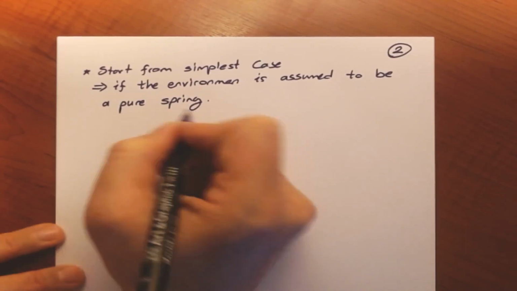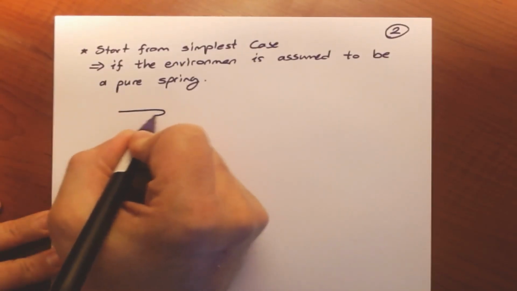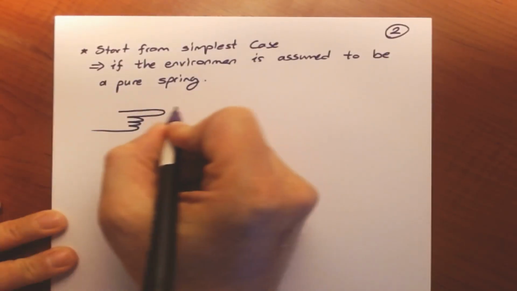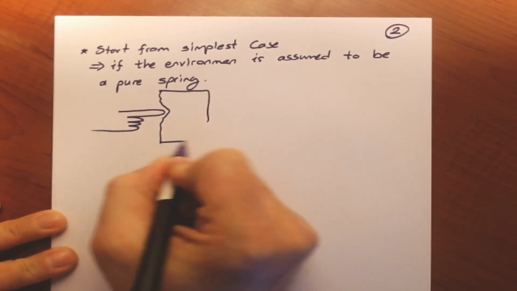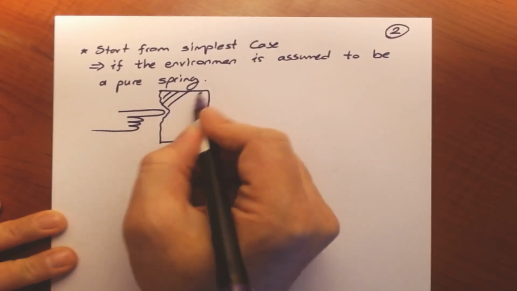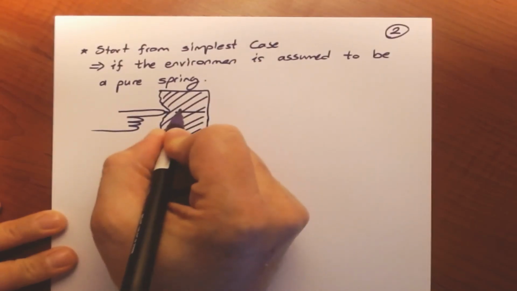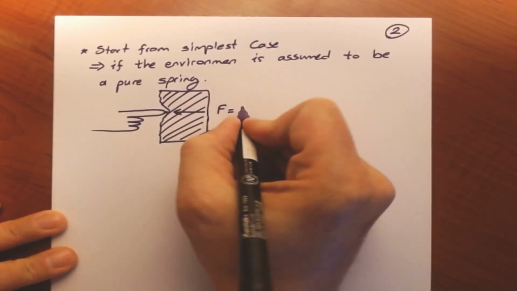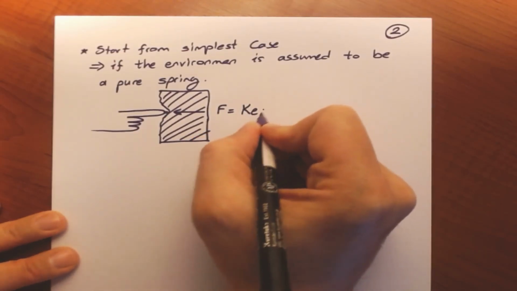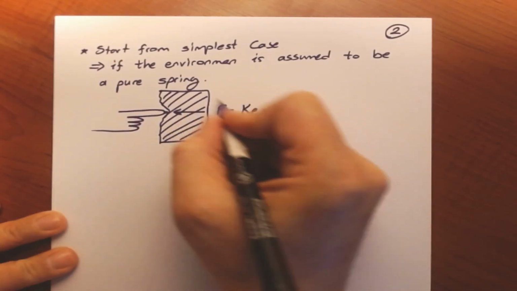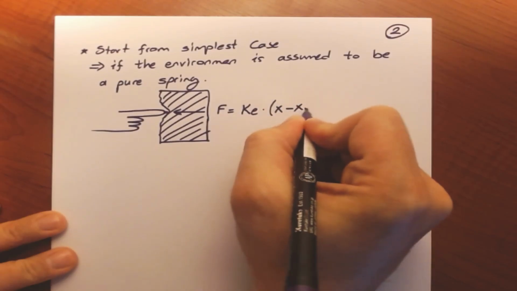Well, with this scenario, your force input to the environment, the force generated at the contact point, will be governed by pure spring equations: the environment stiffness times the deflection in environment position, x minus x environment.